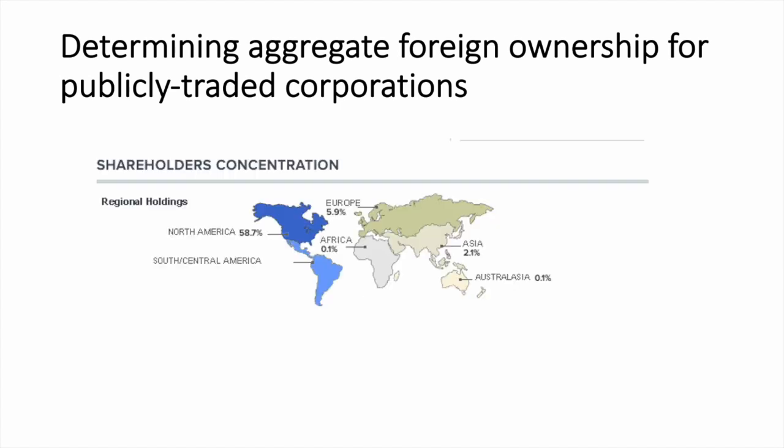That would give us a geographic picture of where the shareholders are located. And you can see in this picture that Europe and Asia, and to some degree Africa and Australasia, together combined add up to well over 5%. So that triggers the 5% aggregate threshold.